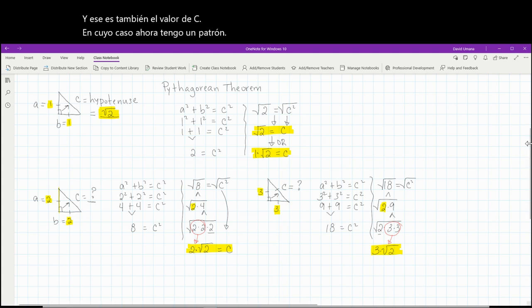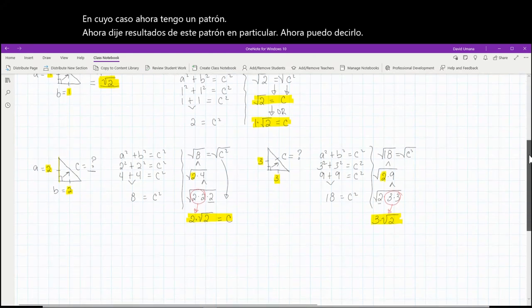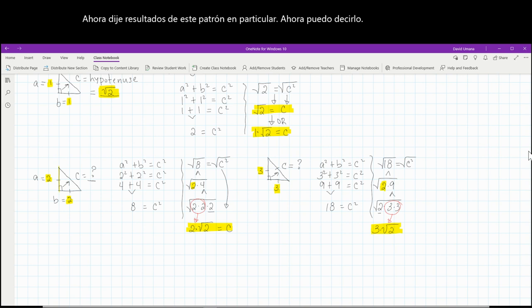Now, as a result of this particular pattern, I can now say, so I'll start like this.